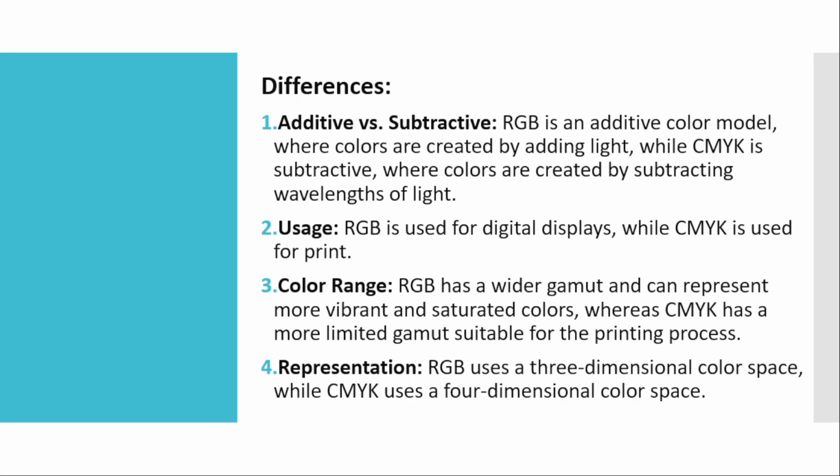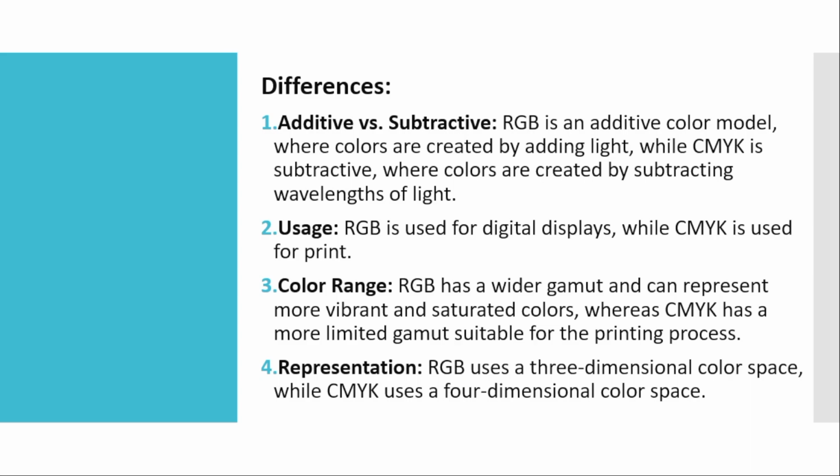So the differences, I know they have differences, just as I said. It is additive versus subtractive. So RGB is additive, while CMYK is subtractive, right? Then their usage, just as we mentioned earlier on, RGB is used for digital display, be it screen, LED, any kind of display, either indoor or outdoor.